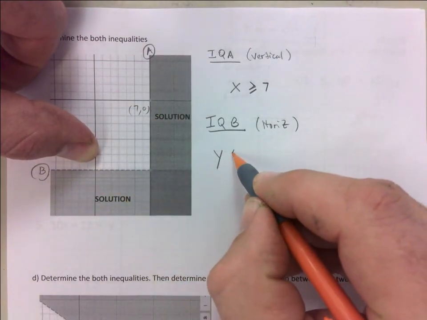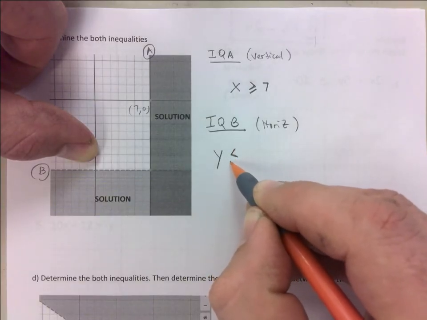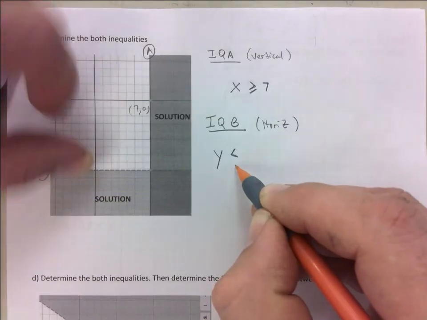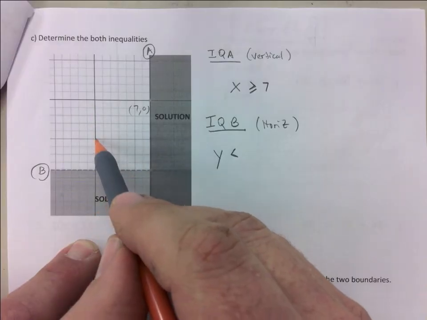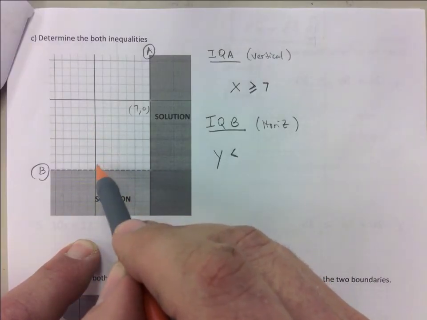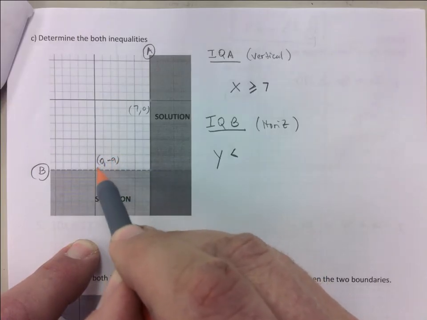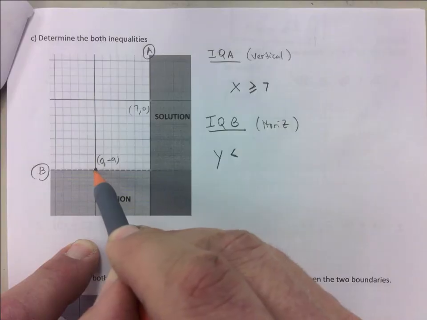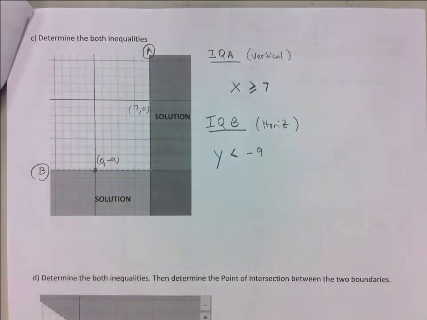So that means that it's going to be less than. No equal sign because it's a dashed line. Now you ask yourself, where does it go through, right? You count. This is -5, -9. So it's 0, -9 is that point that it's crossing here on the y-axis. So we just go -9 and you're done. Okay.